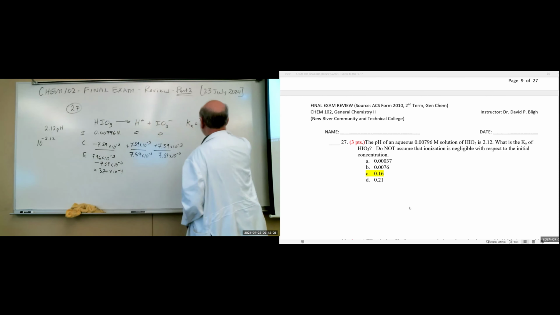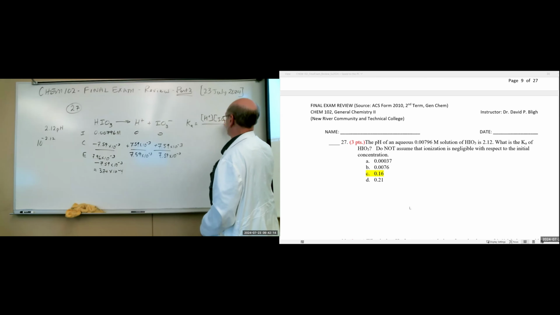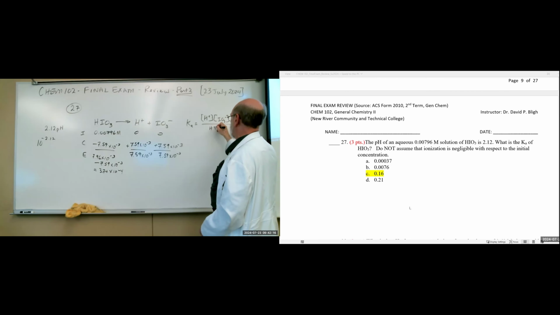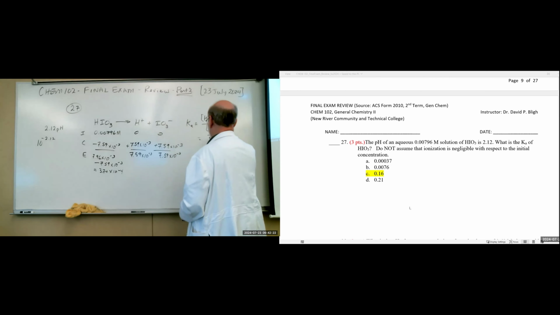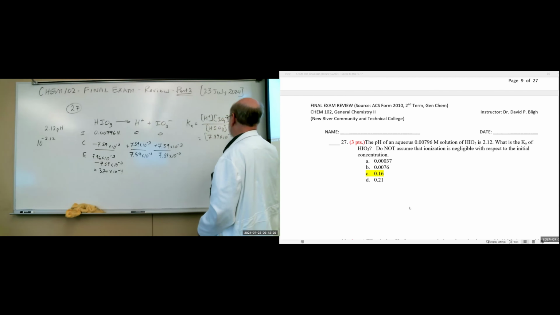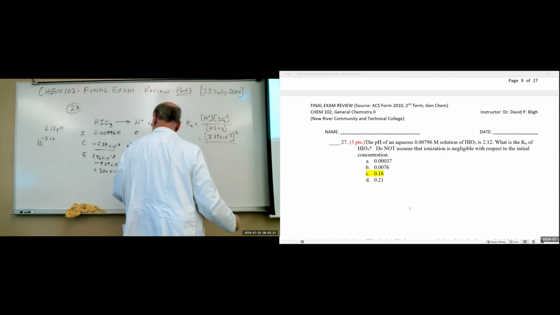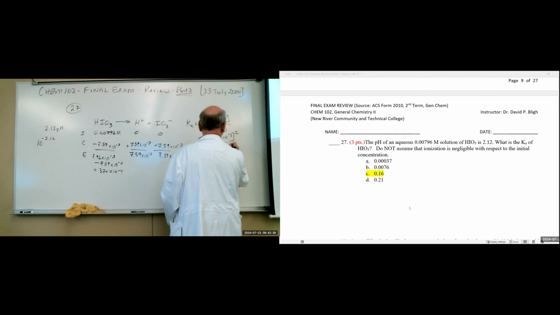Ka is going to be hydrogen ions, iodate ions, over HIO3. The hydrogen and iodate are both 7.59 times 10 to the minus 3, so that's squared, and the denominator is 3.74 times 10 to the minus 4.